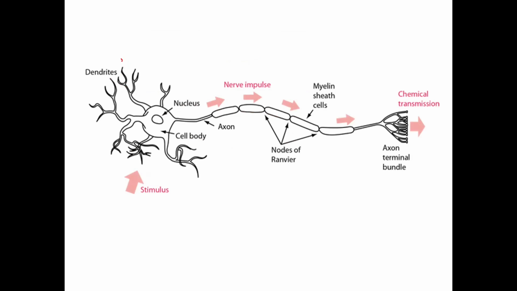First, the dendrites receive a signal, then the signal is generated and flows towards the axon, then finally to the axon ending, then shifts to the dendrites of the other neuron, neuron 2, and then it's chemical.